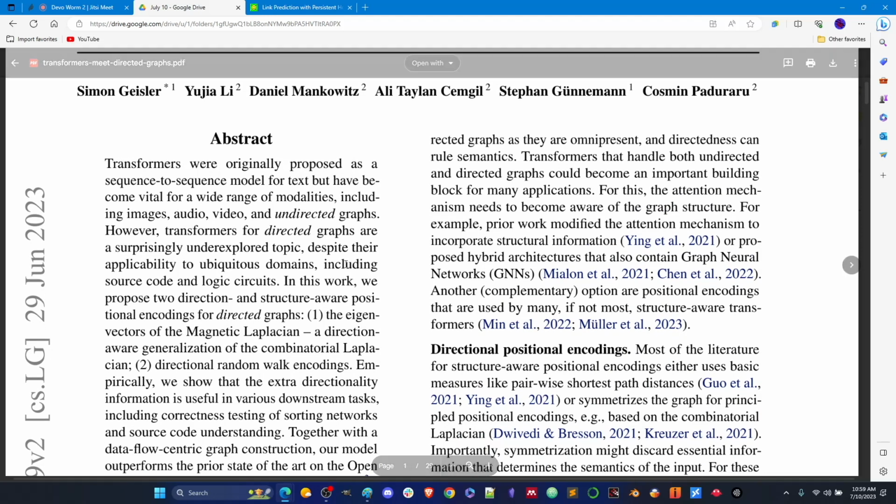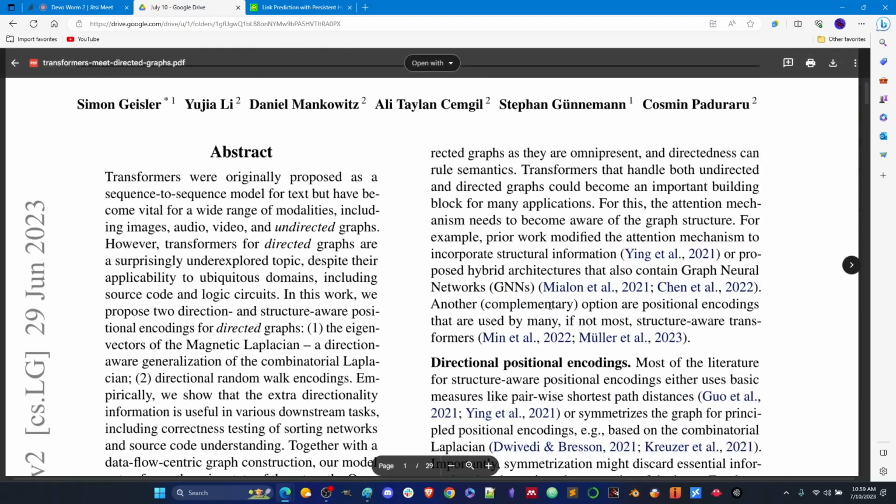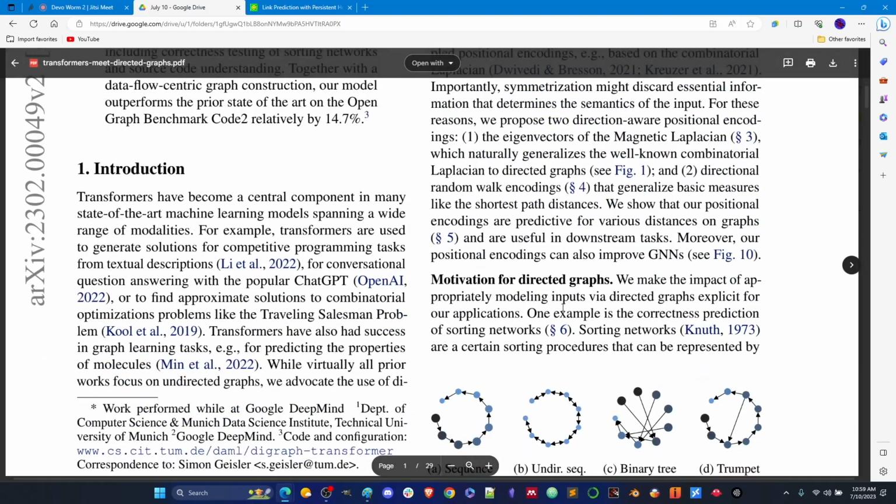And so the attention mechanism needs to become aware of the graph structure. So transformers use this attention mechanism. For example, prior work modified the attention mechanism to incorporate structural information, and I think that's a different paper.